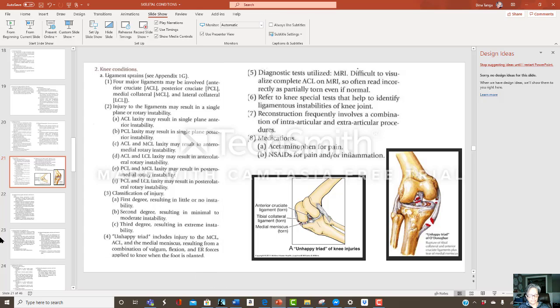Resulting from a combination of valgus, flexion, and external forces applied to the knee when the foot is planted. So knee flexion, knee valgus, and external rotation forces of the knee.